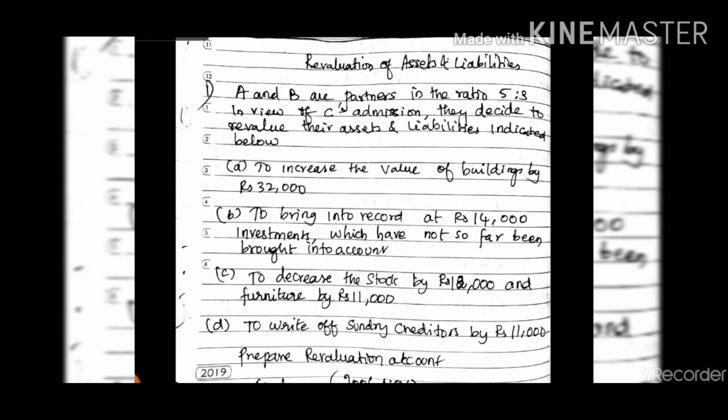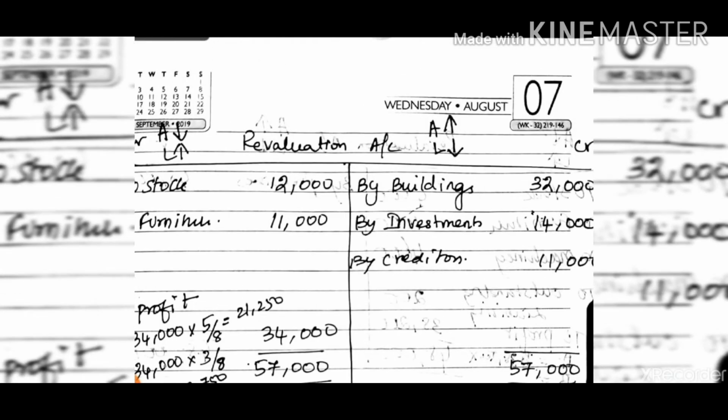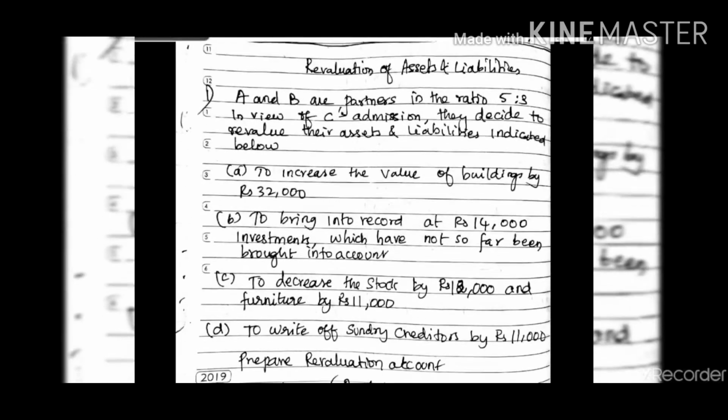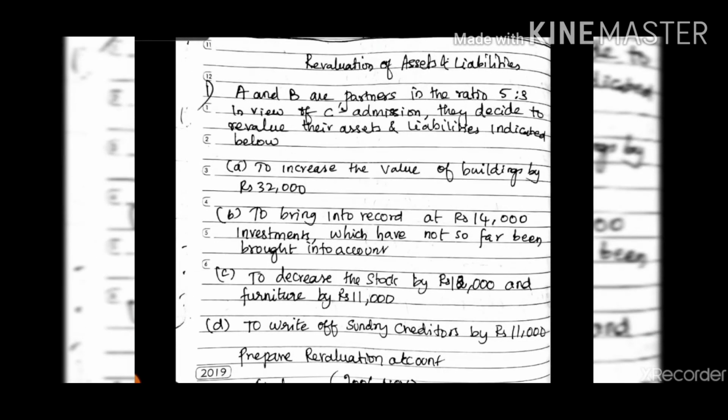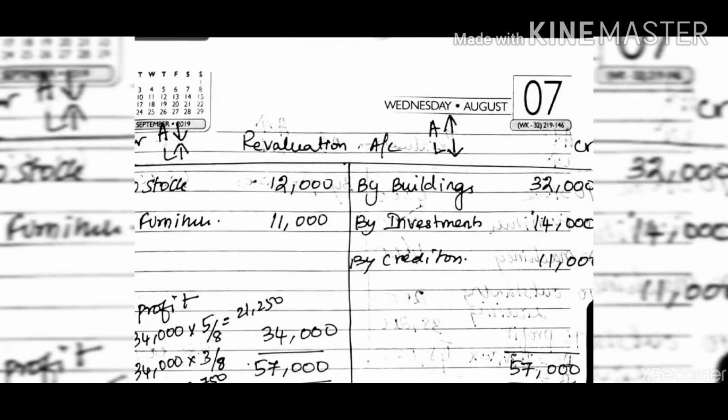So the buildings increased by 32,000 is recorded. Next, record the investment which has so far not been recorded. So it is an unrecorded asset. Now if you are recording the asset, the value increases. So on the credit side, record 14,000.